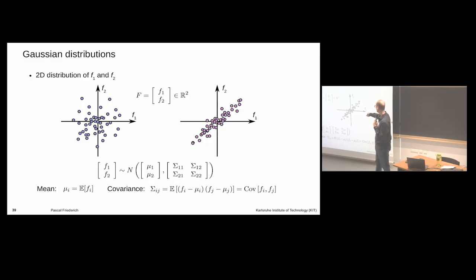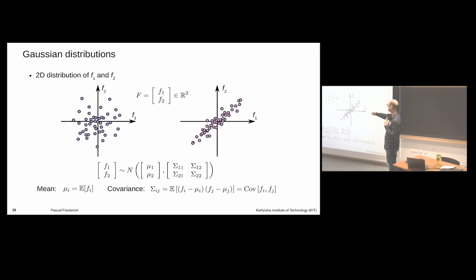The same here, if we look at all of these points and their f1 values, we also see that the mean is more or less 0. Same for f2. If we look at all the points, but look at their y coordinate here, we also see f2 is more or less on average 0. Same here. So these two distributions, even though they look very differently, have the same mu1 and mu2 parameters, which are both more or less 0.